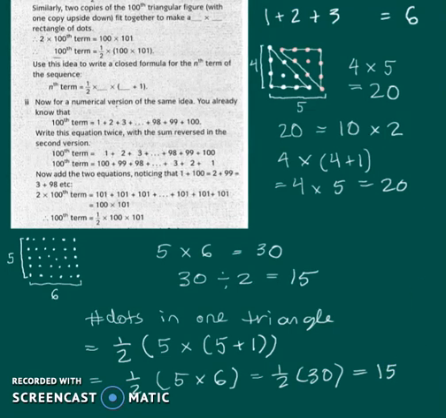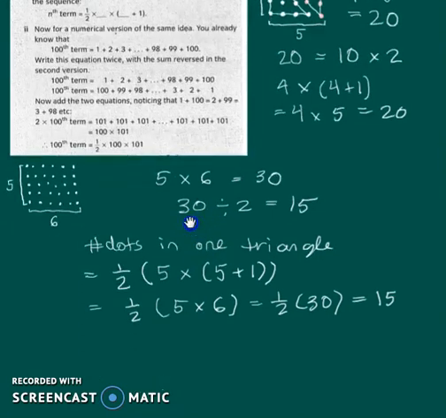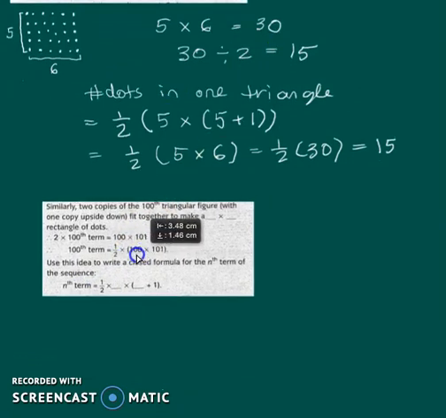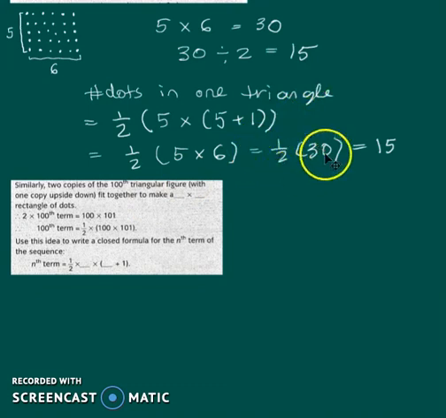Okay, so let's look at the next part of the question. I'm just going to copy it over here so that we can see it better. Okay, so similarly, 2 copies of the 100th triangle figure with 1 copy upside down fit together to make a what by what rectangle of dots? Okay, well, let's think about it.